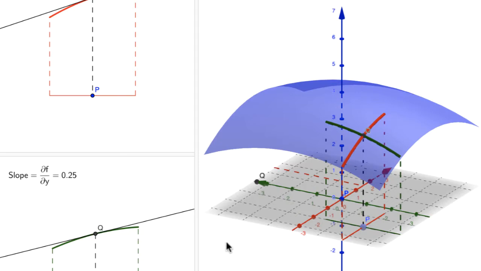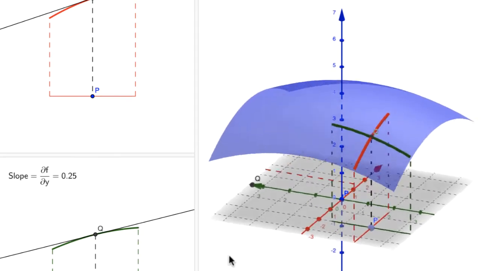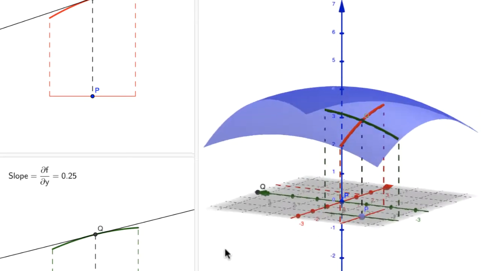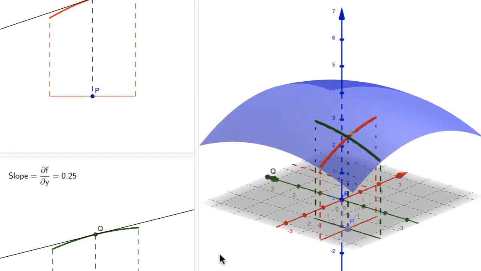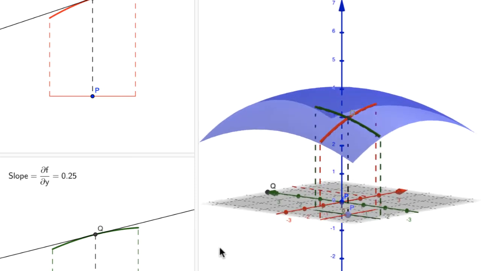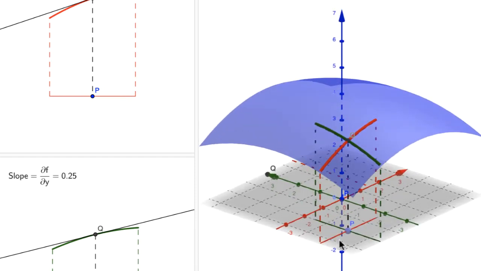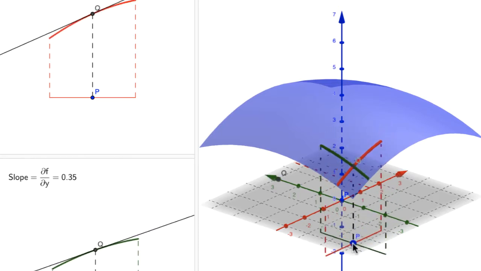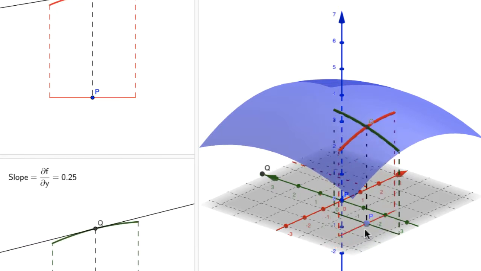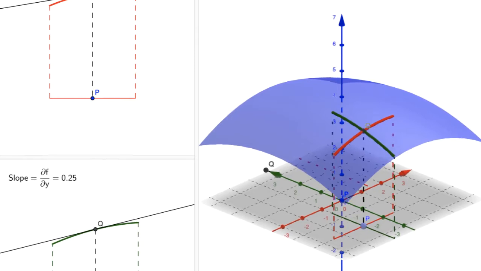So as you can see here, you have the graph of some function which looks like this purple surface, and then the partial derivatives can be obtained in the following way. We have this point P that you can see here that I'm moving around.